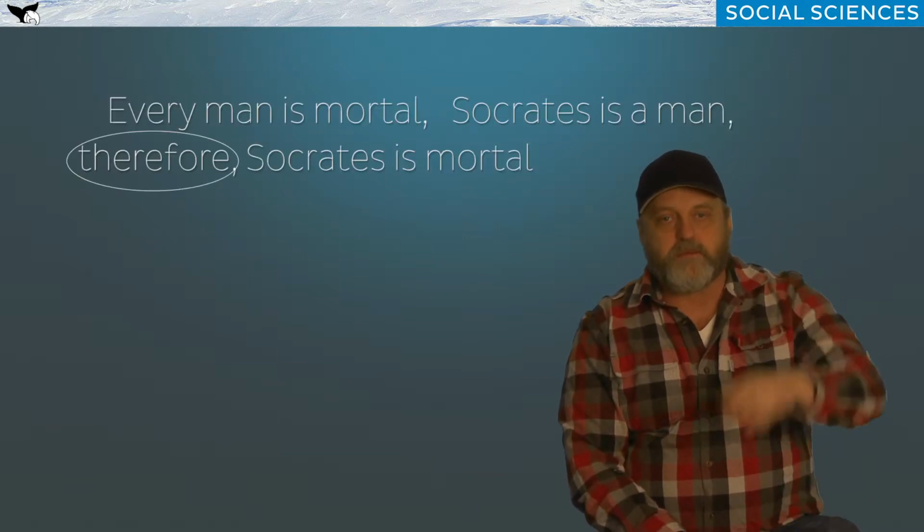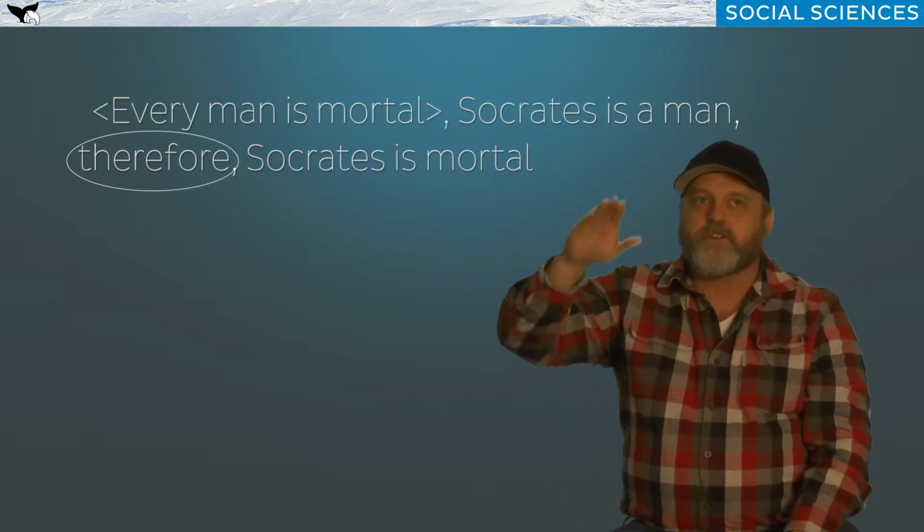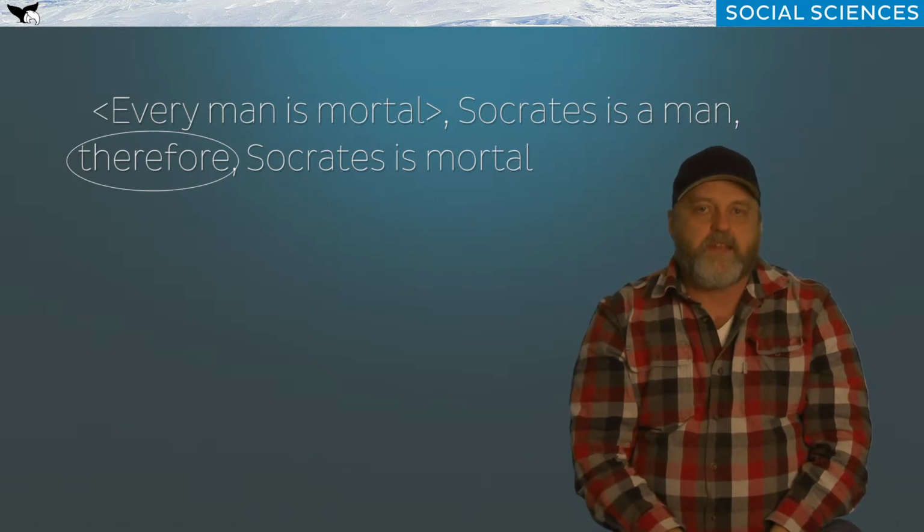The next thing you're going to want to do is isolate each individual statement in that argument. So if we look at the Socrates example, every man is mortal. You would begin a bracket before "every man," go all the way through "every man is mortal," close the bracket, and you will number that. It's statement 1.